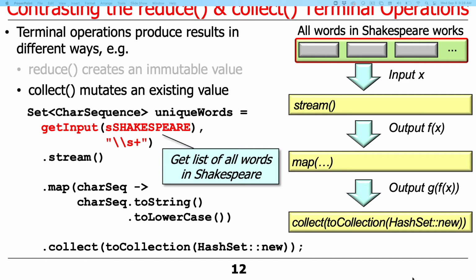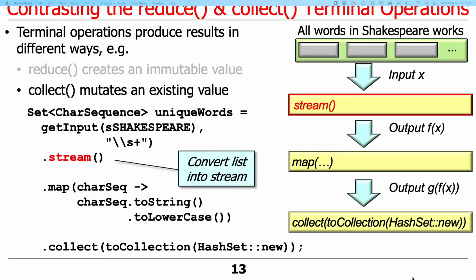This particular regular expression will take the works of Shakespeare and split them by words. So we end up with a list of all the words in Shakespeare, which I think is something like 600,000 words, give or take. We're then going to create a stream of those words.